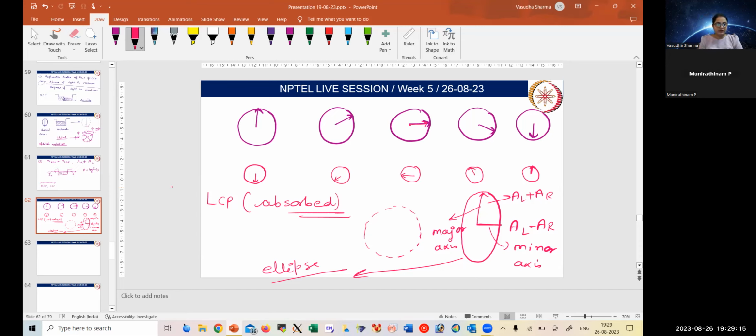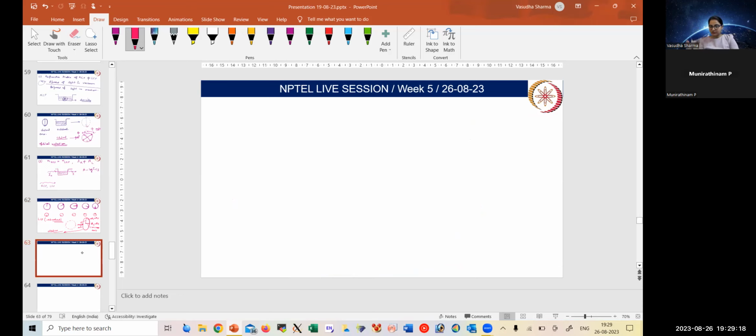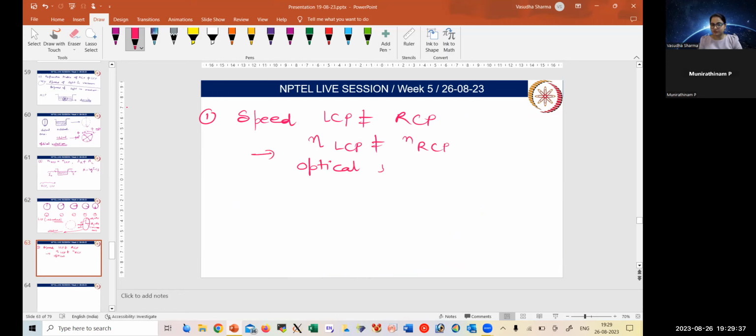So now we got to know that from circular motion, it is going to an elliptical motion. Earlier, the first condition was when the speeds are not the same, that is, the speed of LCP is not equal to RCP. That means the refractive index of LCP is not equal to RCP. It gives rise to optical rotation, phi, and the phi value depends upon NL minus NR. The sign convention is with respect to convenience and whatever is already in the literature.